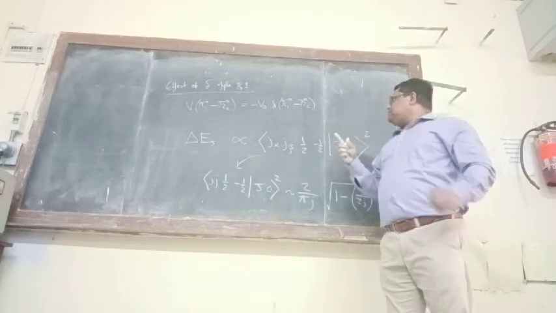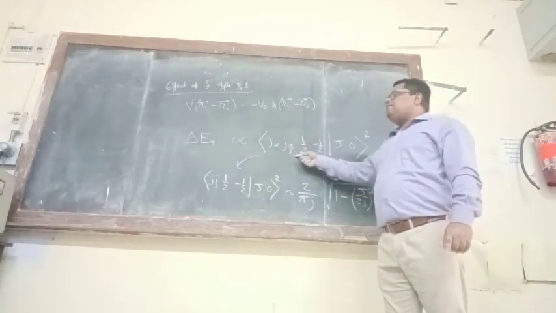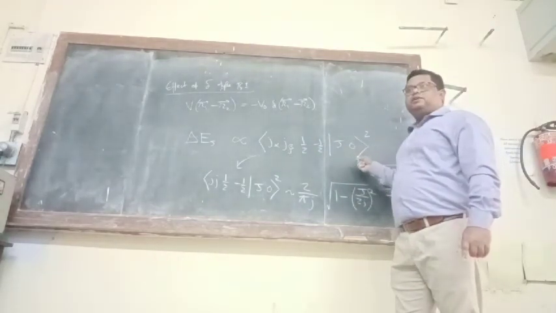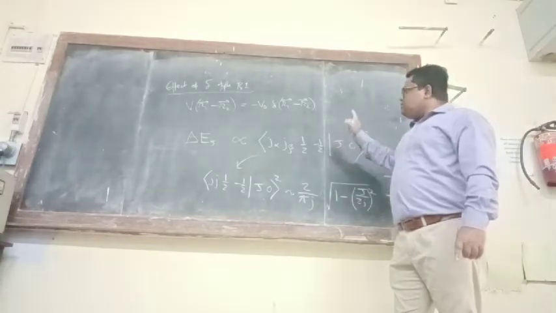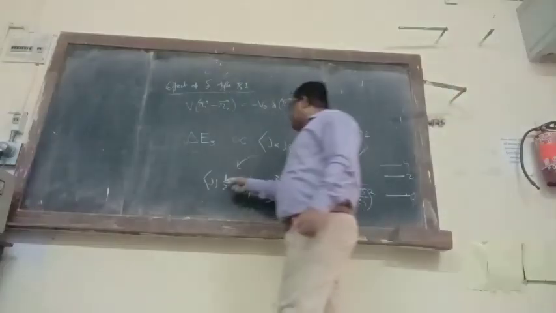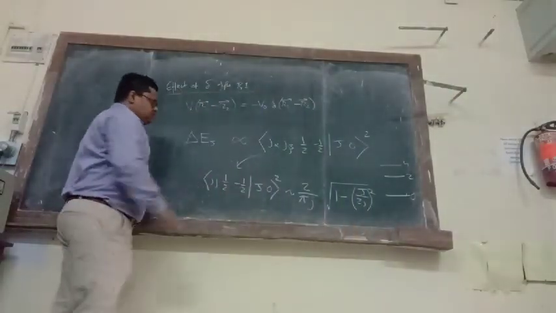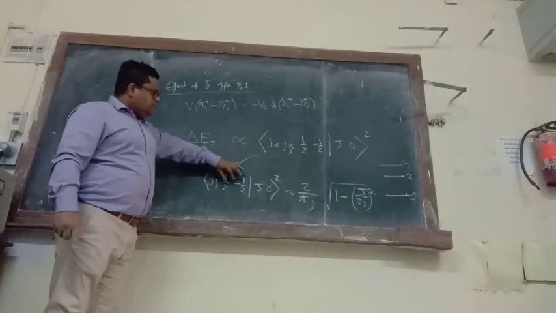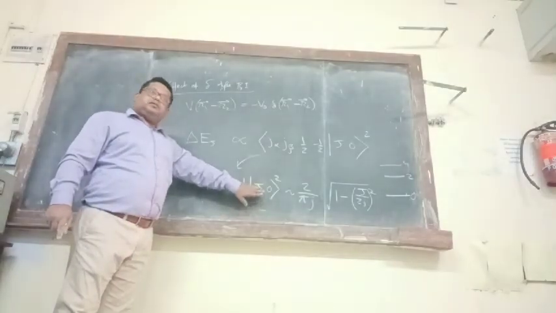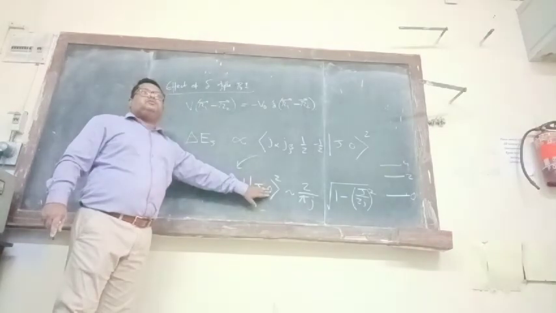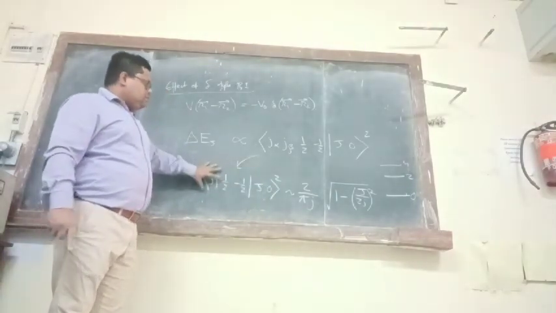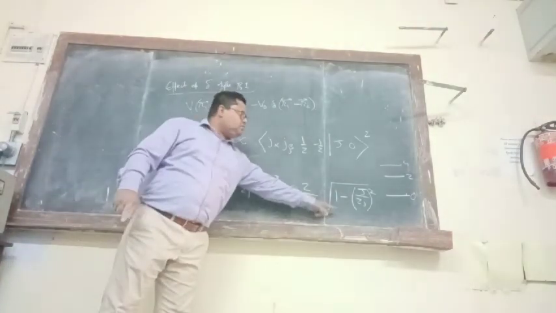But the moral is, along with that, there will be a dependence on a Clebsch-Gordan coefficient like this. And for large j and capital J values, that means coupling to J equal to capital J and M equal to 0, this Clebsch-Gordan coefficient reduces to this form.